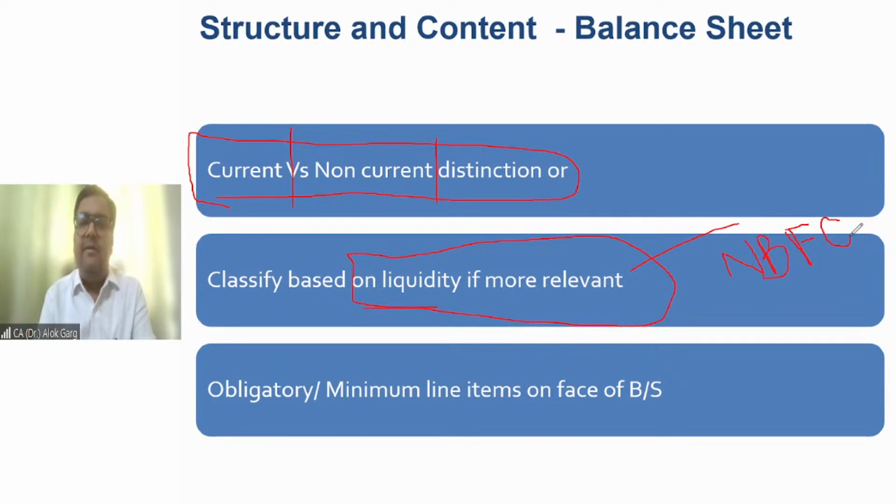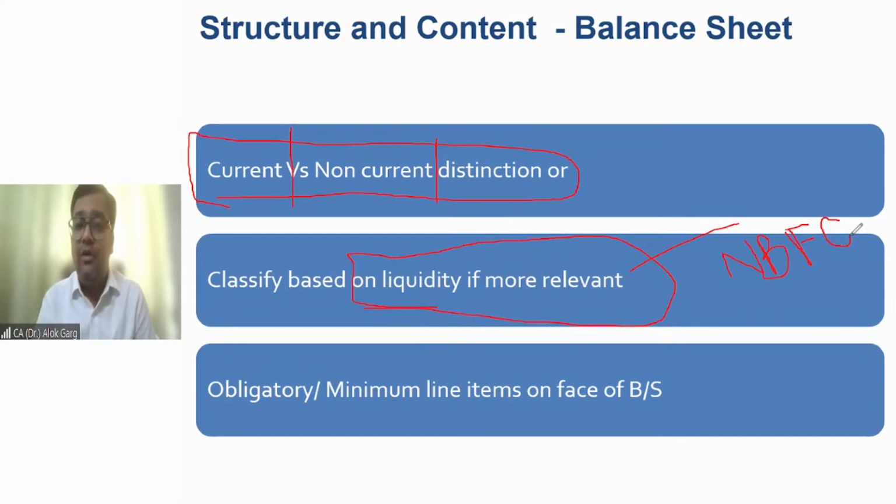You will find that the balance sheet of this NBFC is not bifurcated into current and non-current. It has been bifurcated into financial and non-financial. Financial means where it can be converted into cash. Non-financial means where it cannot be converted into cash.